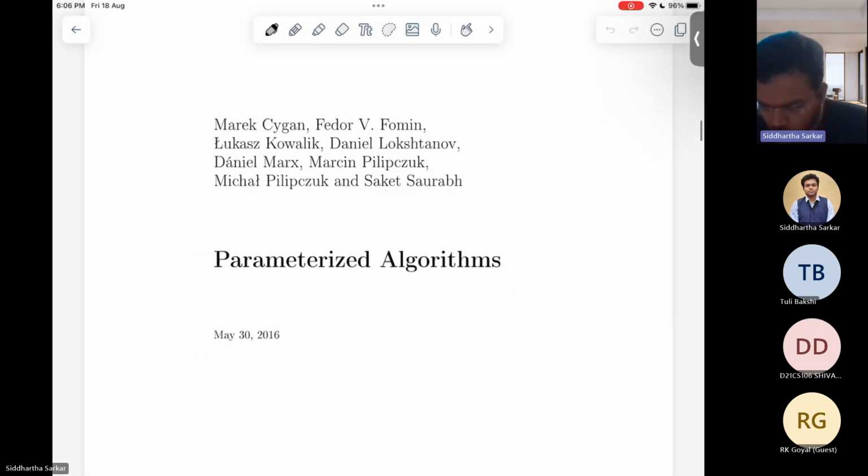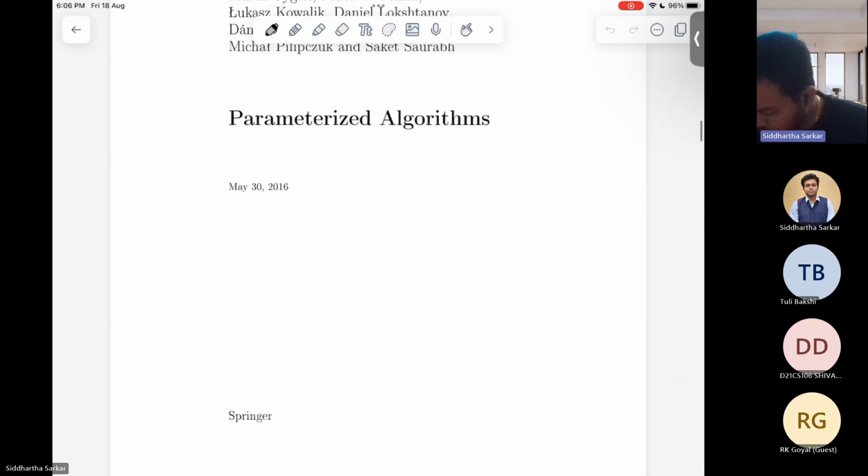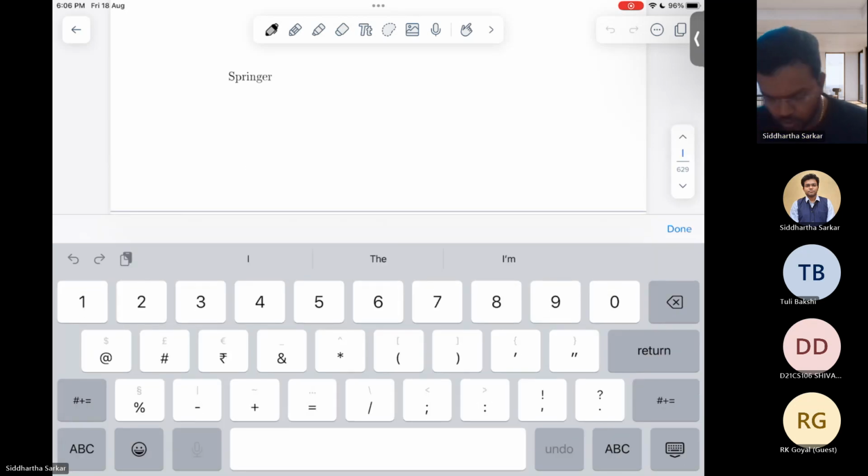This is the textbook Parameterized Algorithms. At the end of each chapter, for example, in the last week we have seen chapter 5, there are exercises. Let me check the page number.